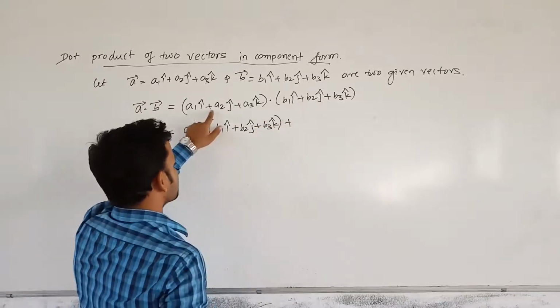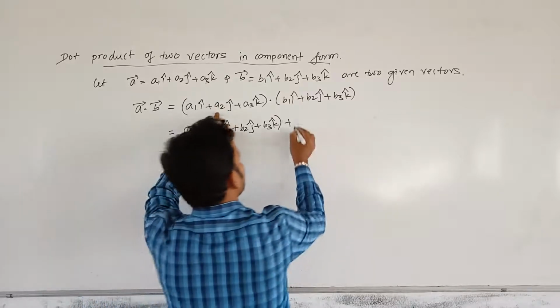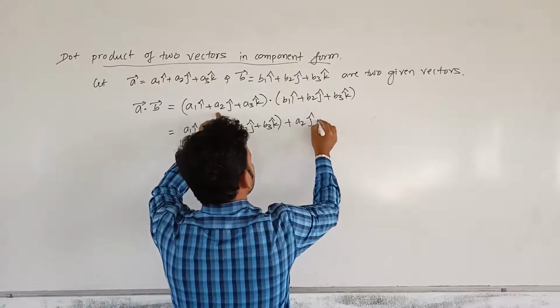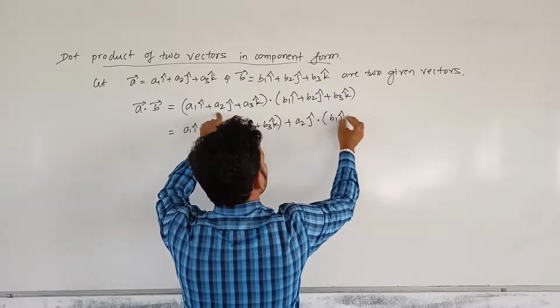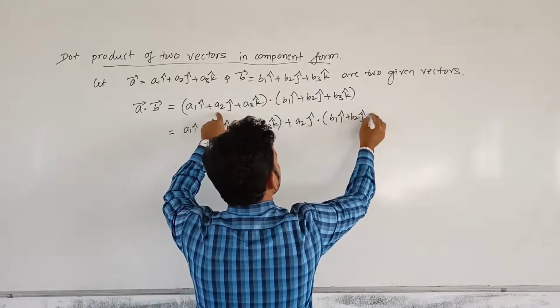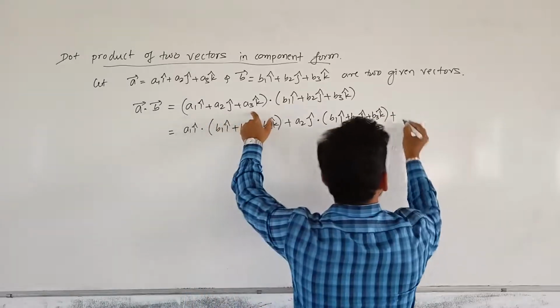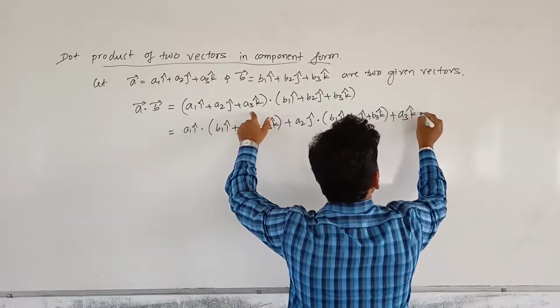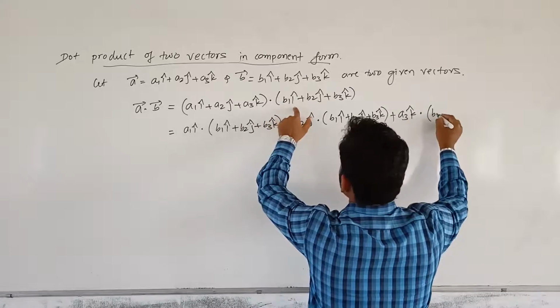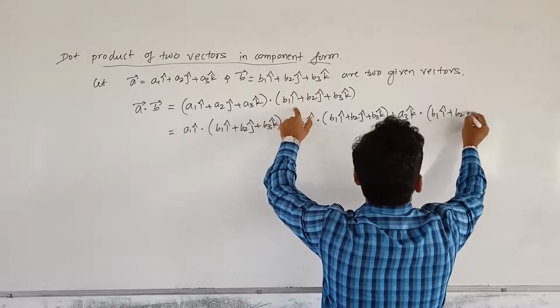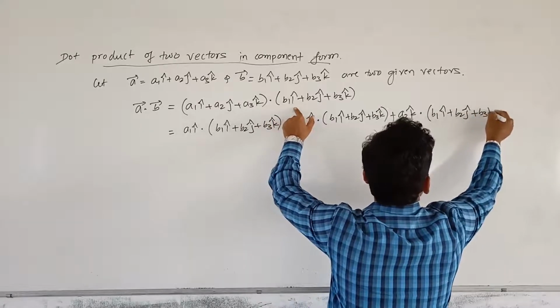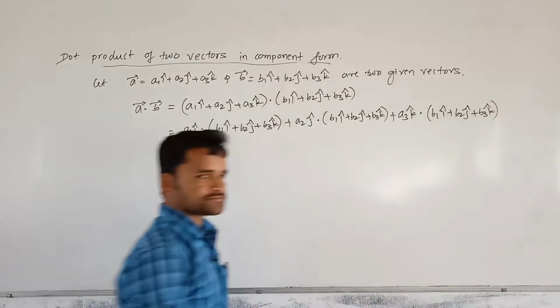In the same way, plus A2j in dot product with B1i, B2j, B3k. Next, plus A3k in dot product with the second vector, B1i, B2j plus B3k.